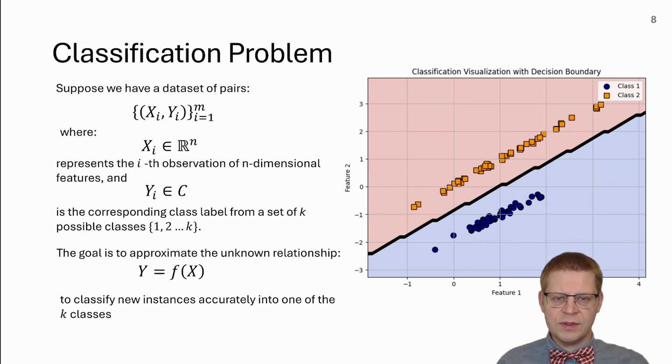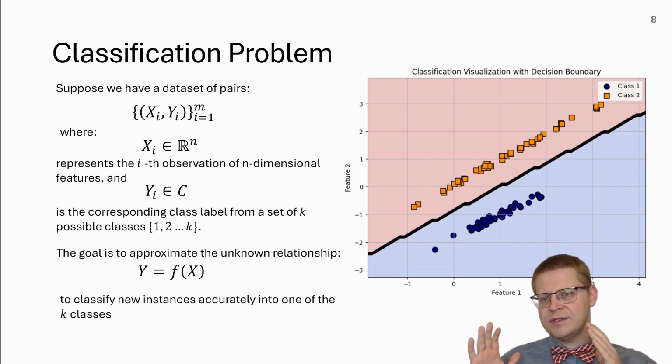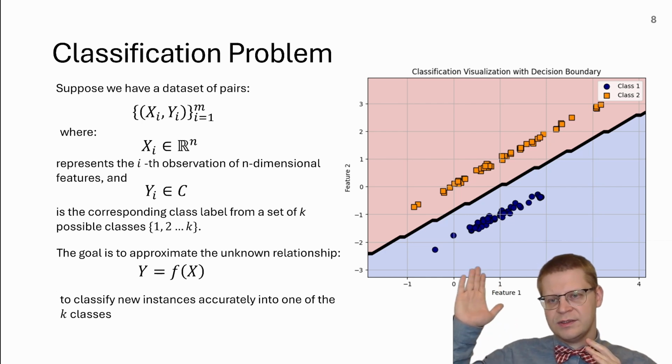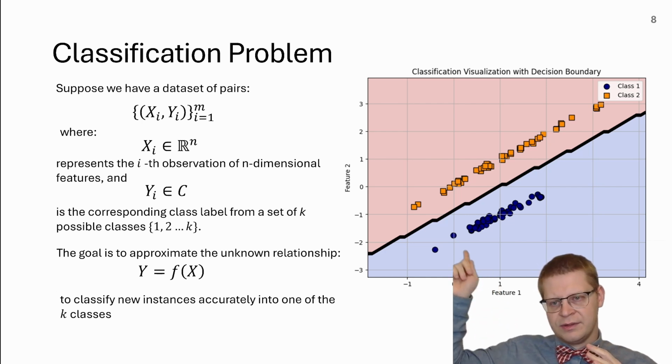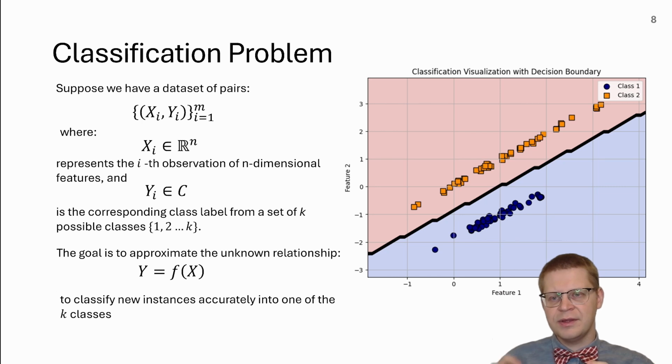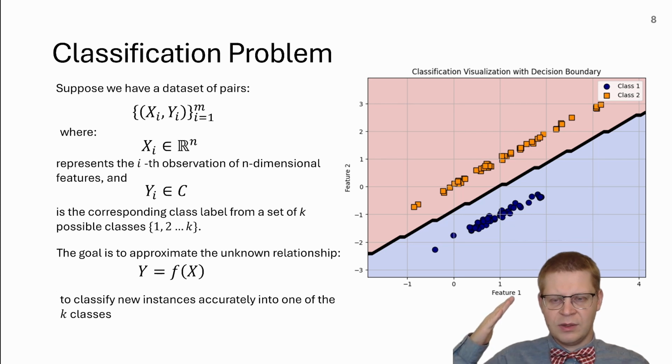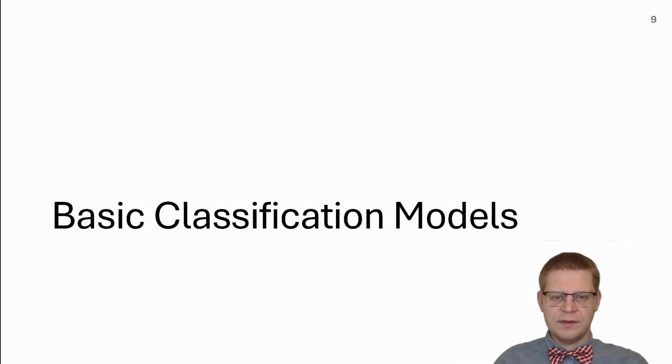We are dealing with discrete class labels in classification, not continuous variables. And as you can see here, our classifier divided one class into this area and another class into that area, like the top orange one and the bottom blue one, and our classifier divided this by a line.